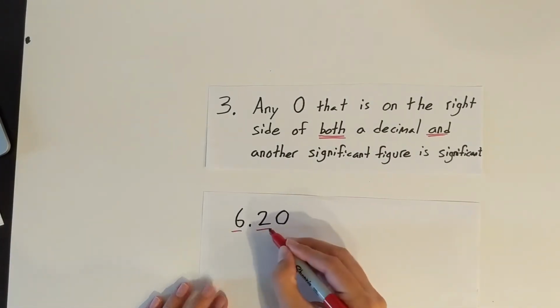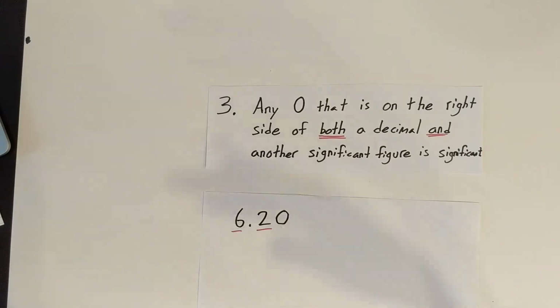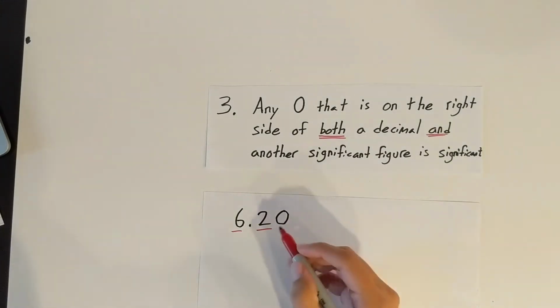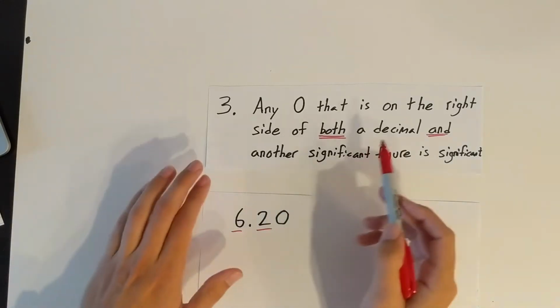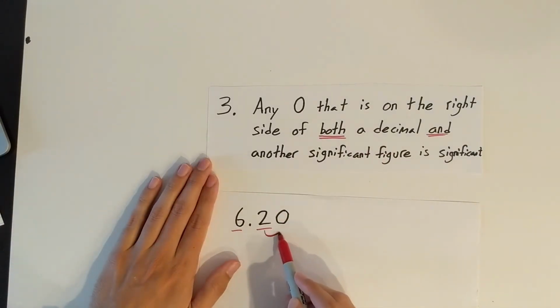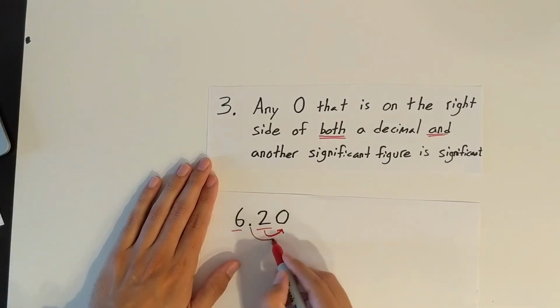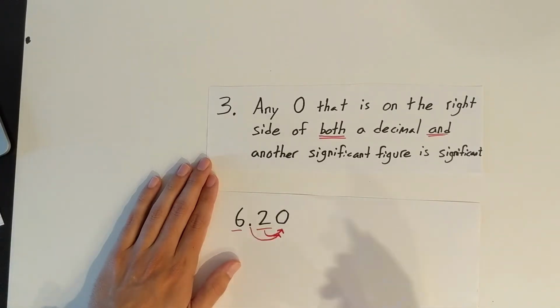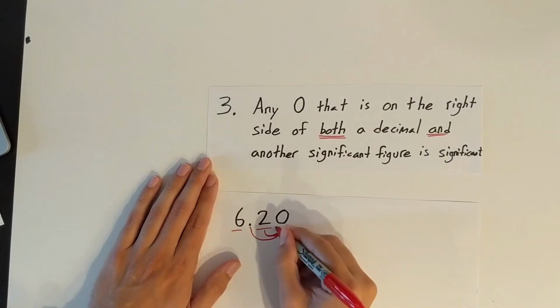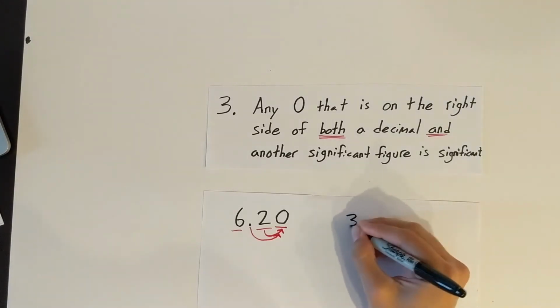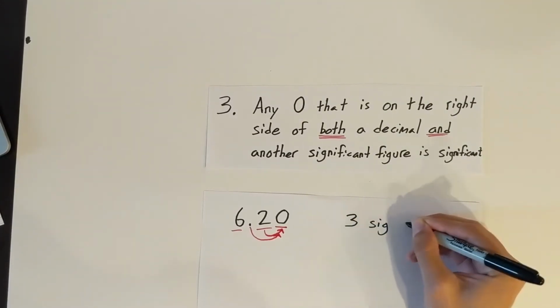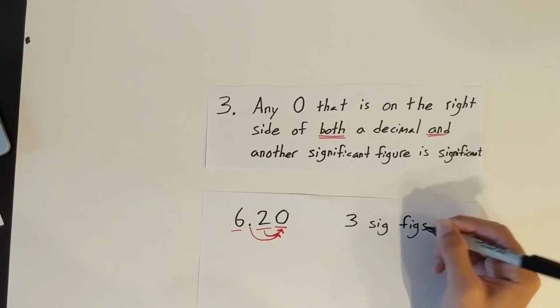Those two are definitely significant figures from rule number 1. And then the question would be this 0. So it doesn't follow the sandwich rule, but it is both on the right side of a significant figure and on the right side of a decimal. And because it is both of those, that 0 would be considered a significant figure. So this is 3 sig figs.